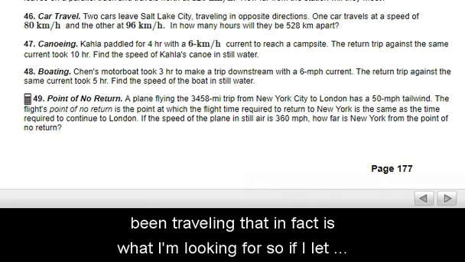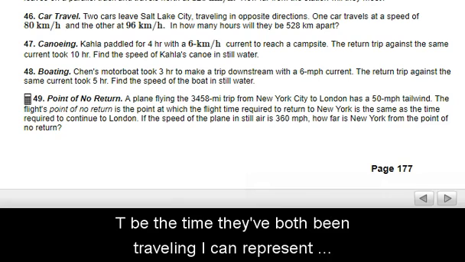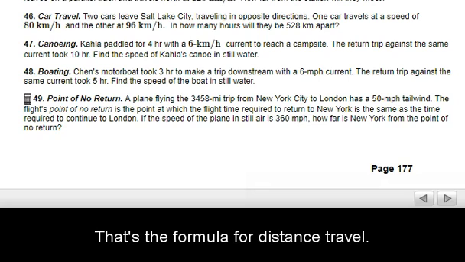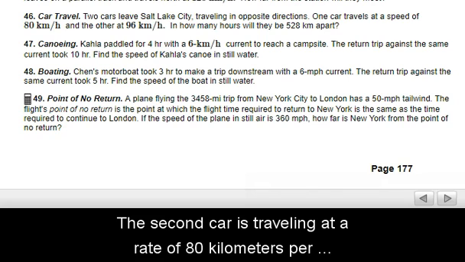So if I let T be the time they've both been traveling, I can represent car 1's distance, D1, with RT. That would be 96T. That's the formula for distance traveled. The second car is traveling at a rate of 80 kilometers per hour.